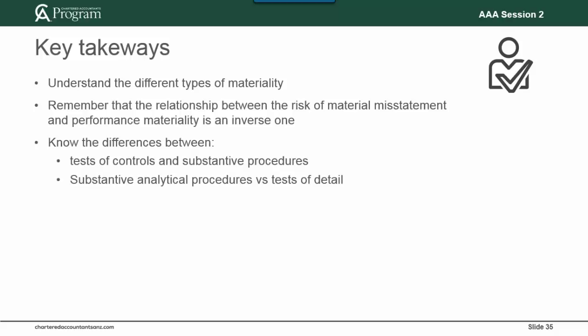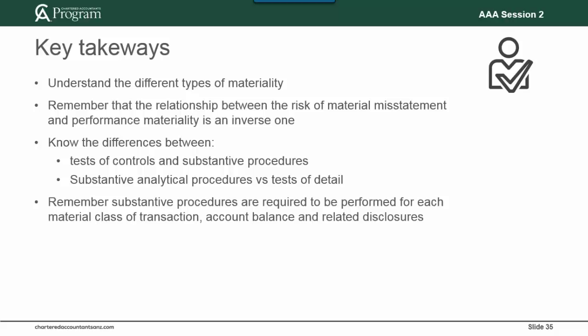Know the difference between tests of controls and substantive procedures, and that there are two types of substantive procedures, substantive analytical procedures and tests of details. Remember, substantive procedures are required to be performed for each material class of transaction, account balance, and related disclosures. Make your procedures specific in their nature, timing, and extent.